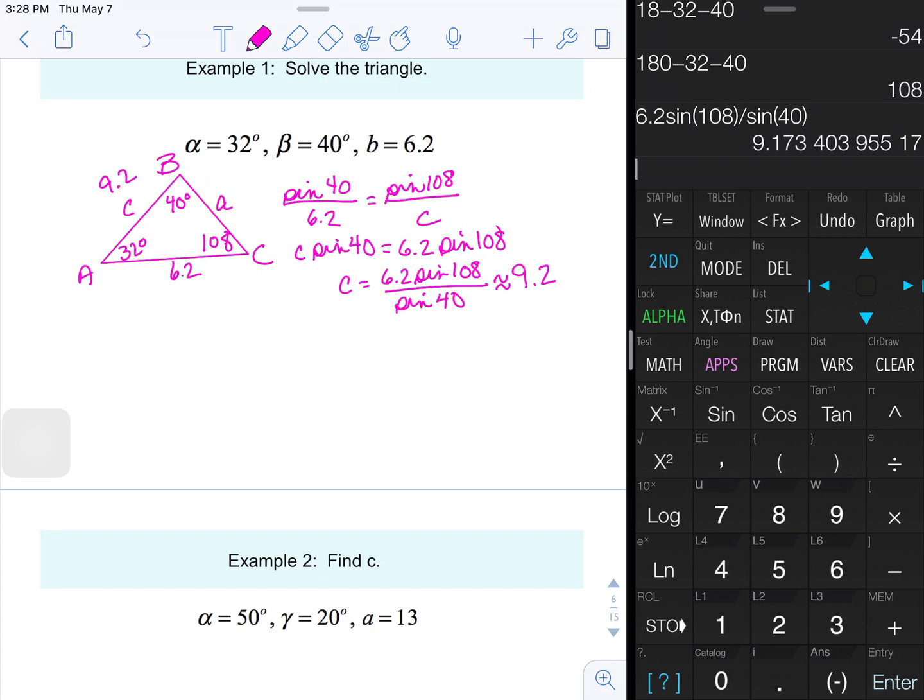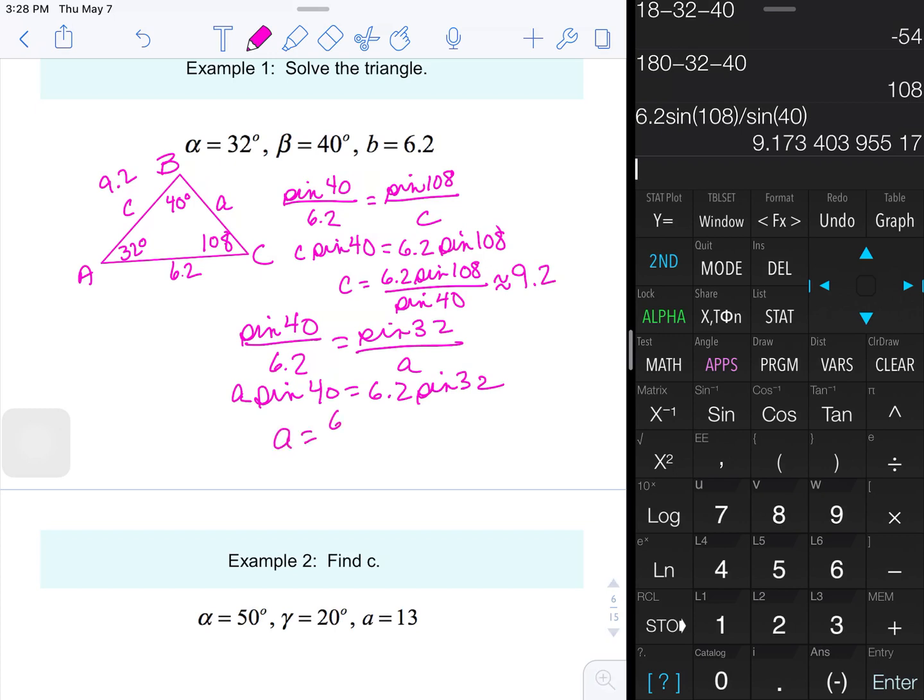I'd also like to find side A. So we're going to start over. Sine of 40 over 6.2 equals sine of 32 over A. Same kind of idea. We cross multiply and divide both sides by sine of 40.